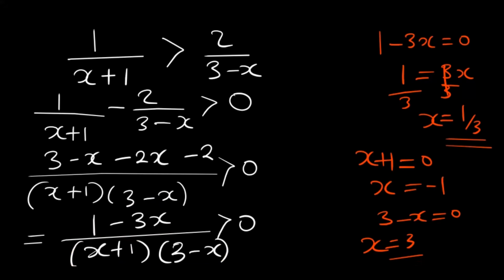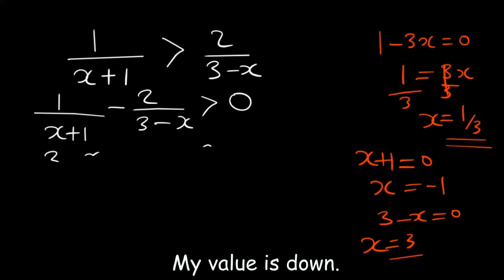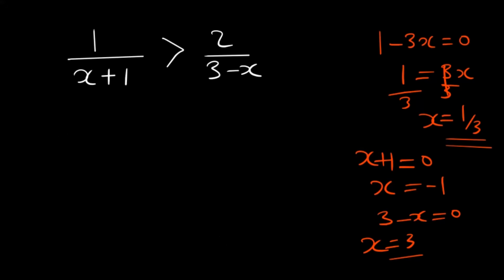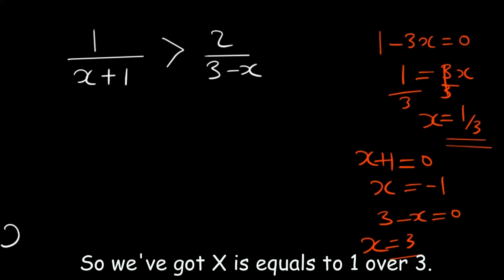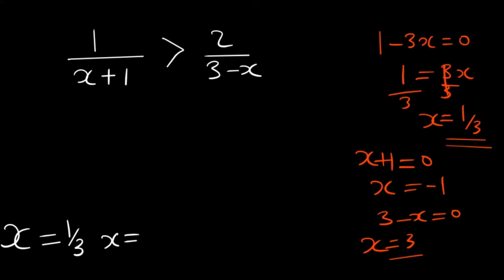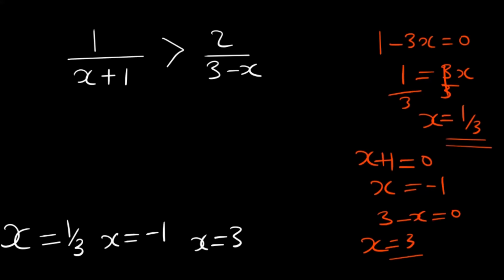So basically, let me now write my values down. So we've got x equals 1 over 3. We've got x equals negative 1. We've got x equals 3. Okay, now that we've got this, let's now just come up with our table.